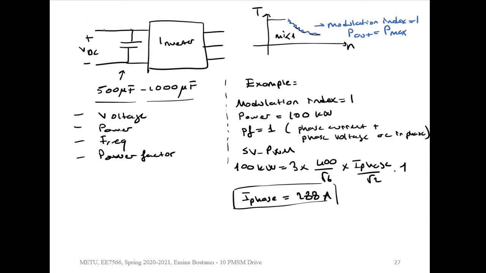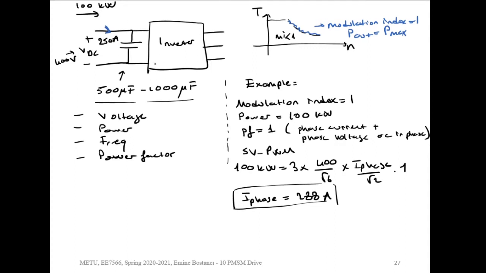But my DC link voltage, as we calculated, can only supply 250 amps at its maximum value, because my DC link is 400 volts, and here I can just apply 1000 kilowatts.